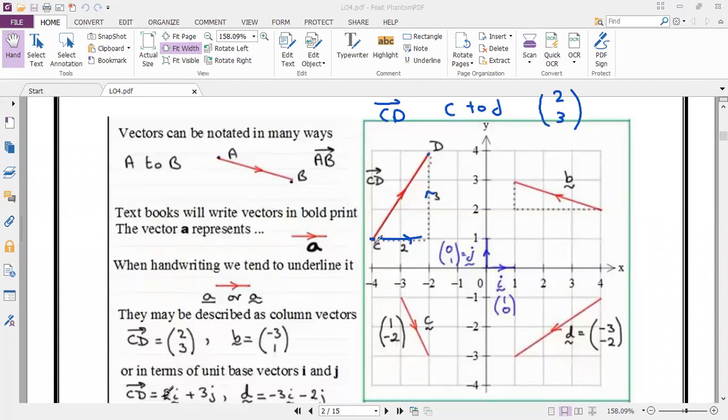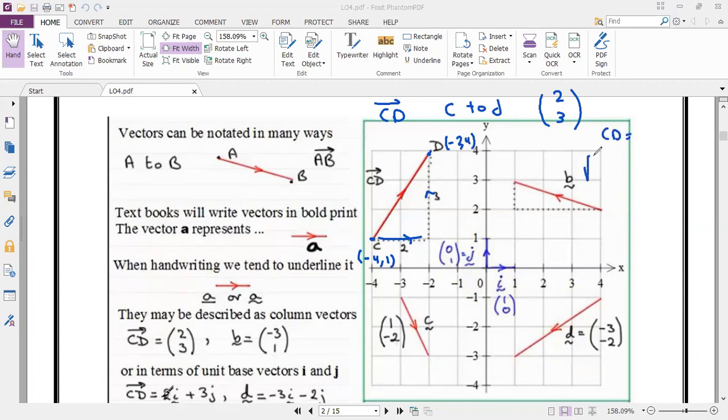Just find the two coordinates of the point C, which is (-4, 1), and the two coordinates of the point D, which is (-2, 4). We can find the length of CD.